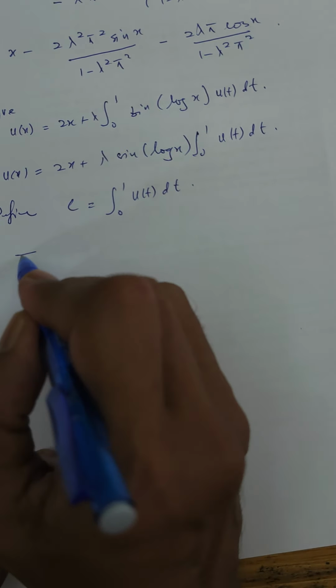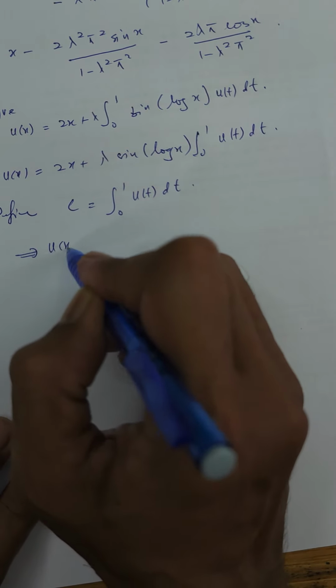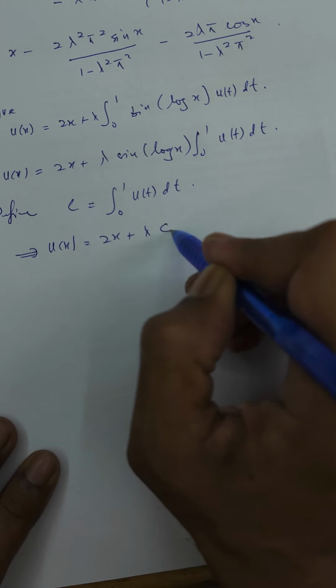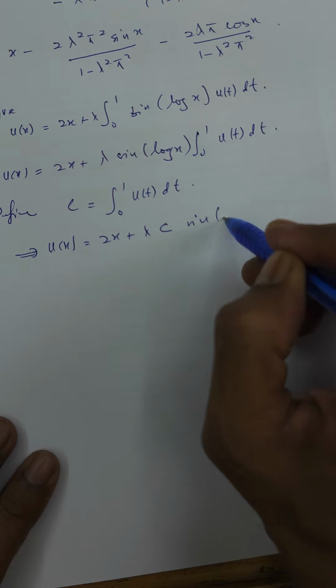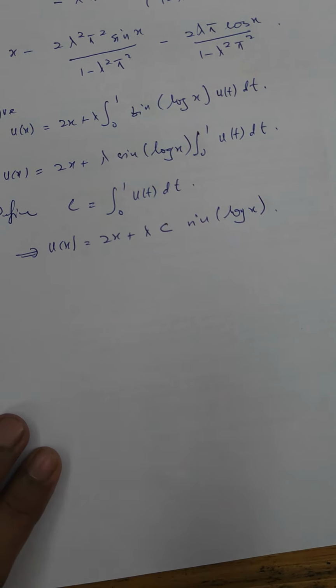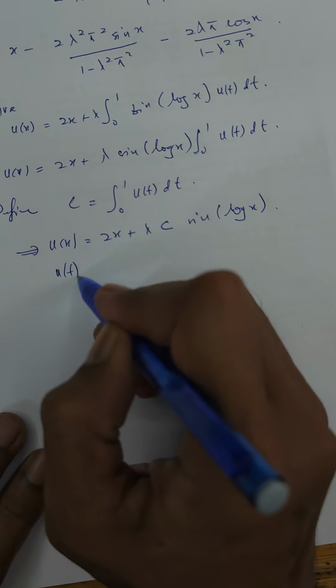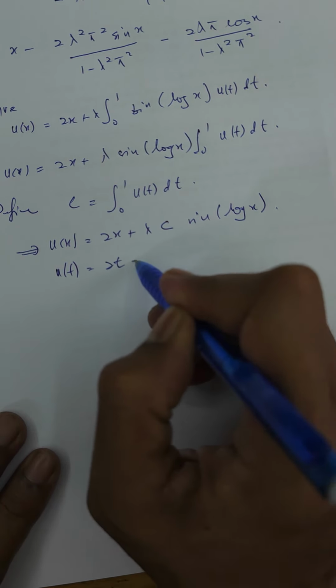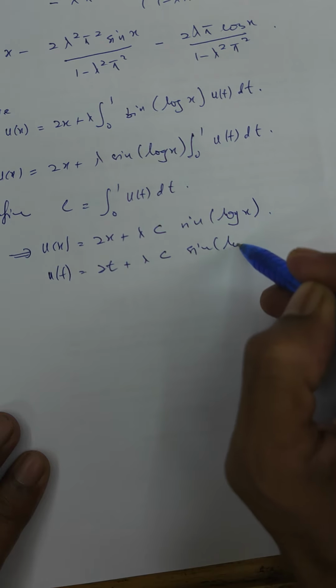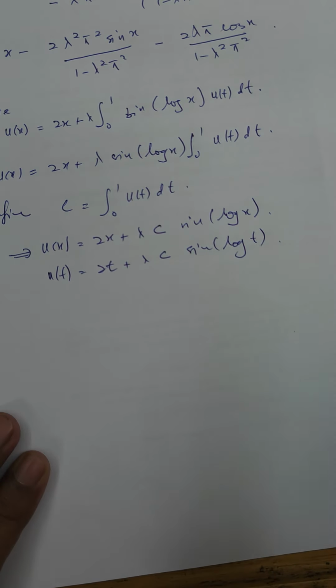Then we have our u(x) given as 2x plus lambda c sine log x. Then also we have u(t) equal to 2t plus lambda c sine log t.